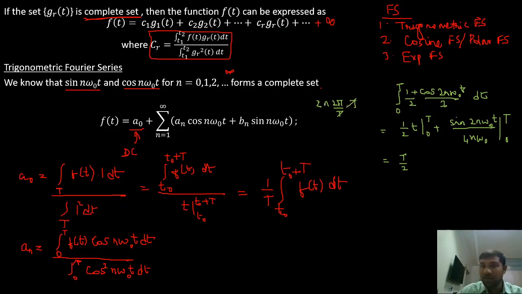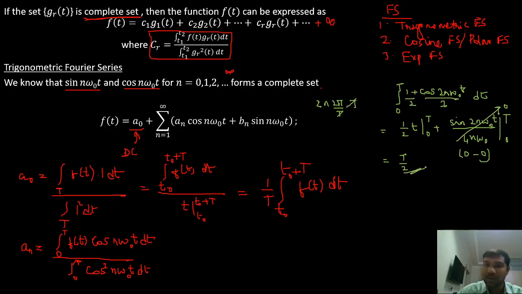I'm left with 4n pi. Sine 4n pi is always 0. And if I substitute the lower limit, sine 0, that is also 0. So this entire term goes to 0.